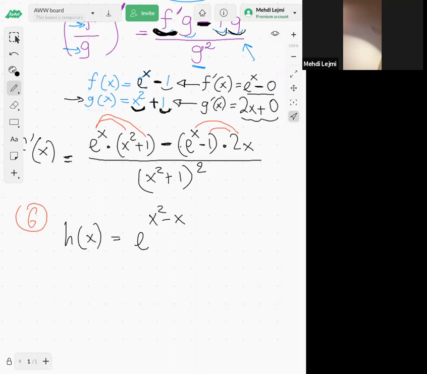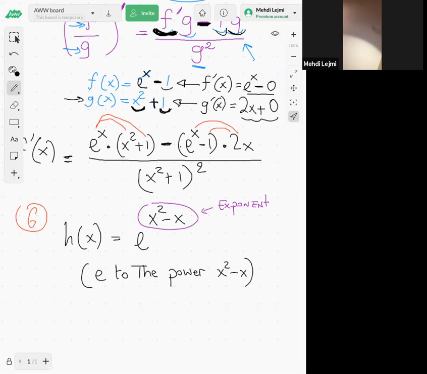The exponent here is the x squared minus x. So what I'm saying is that's e to the power x squared minus x. So this is our exponent, right? So e to the power x squared minus x.